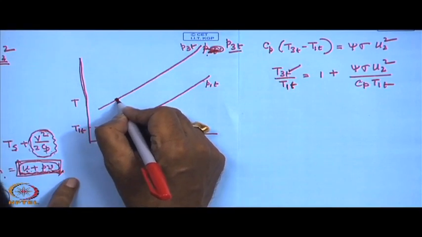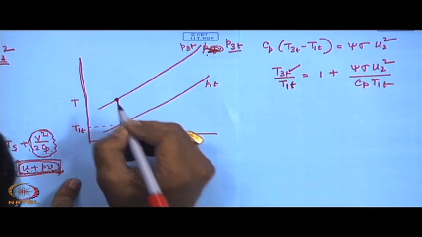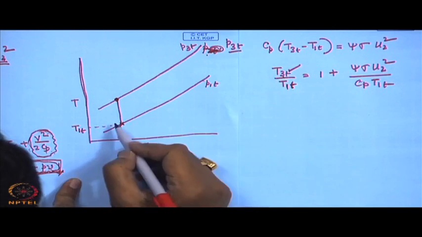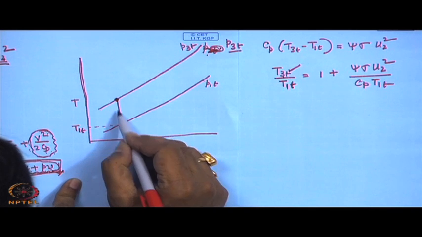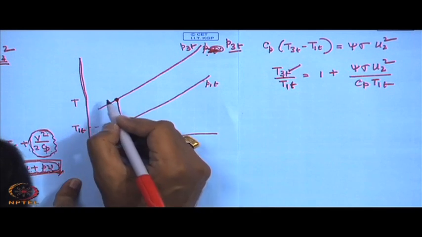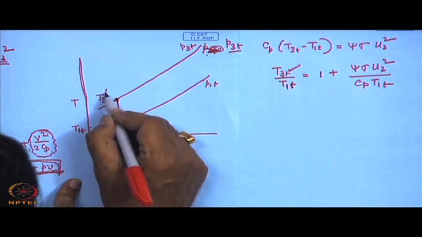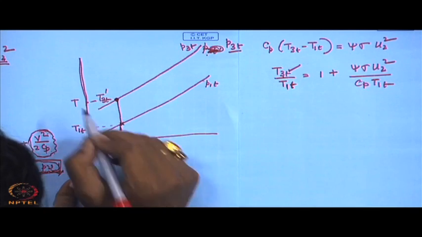Now, here is the point, this is the isentropic compressor. The actual T3T is not at this point, because the actual process is not isentropic. This point we denote as T3T dash.